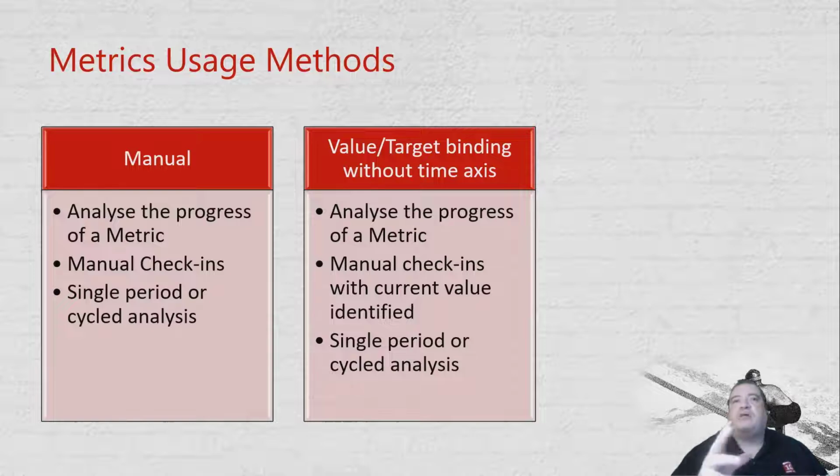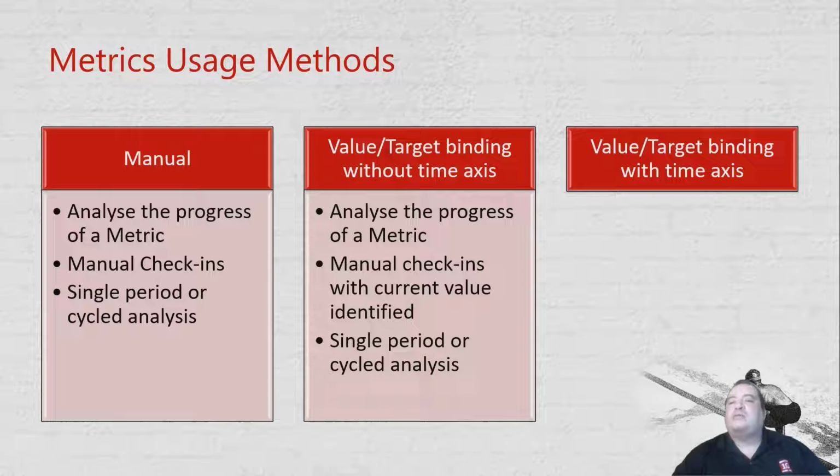But since the values are bound, the current value will be retrieved automatically from the current value of the report, including this current value on the metric. We can analyze this for a single period, or we can make this a cycled metric, month by month, week by week, according to the cycle we would like to use.